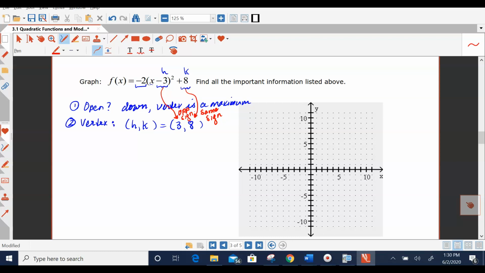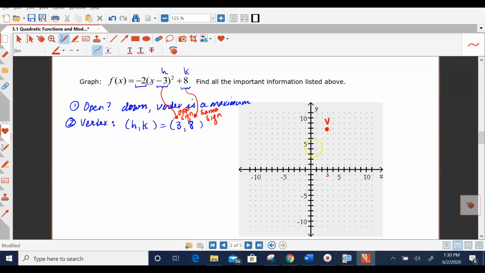So let's just kind of put that over here and see what we've got so far. So I've got a vertex at 1, 2, 3, over 3, and up 8, 5, 6, 7, okay. Over 3, up 8, there is my vertex. I'll label it with a V. And we know that it's opening in what direction?